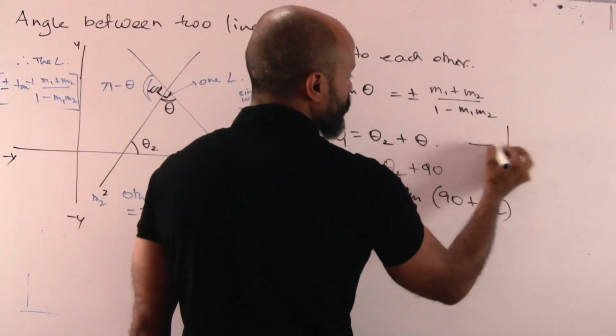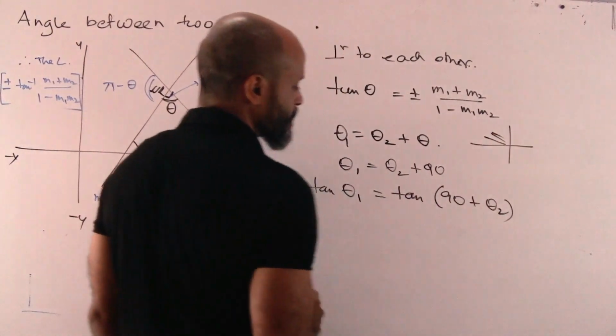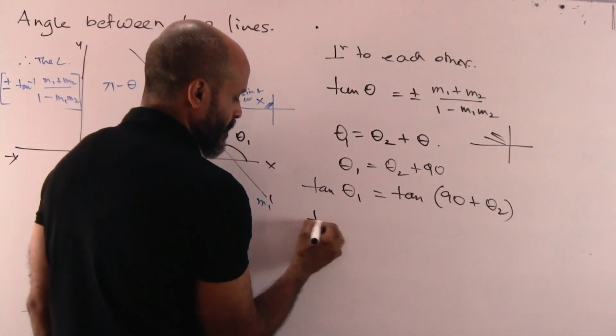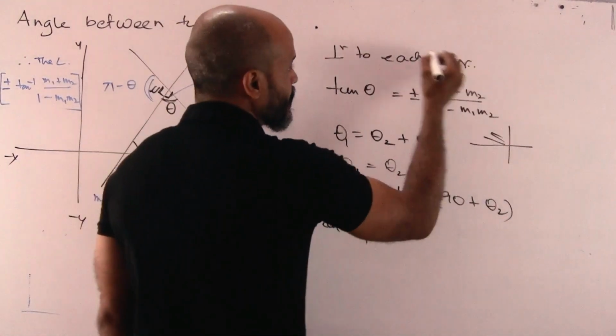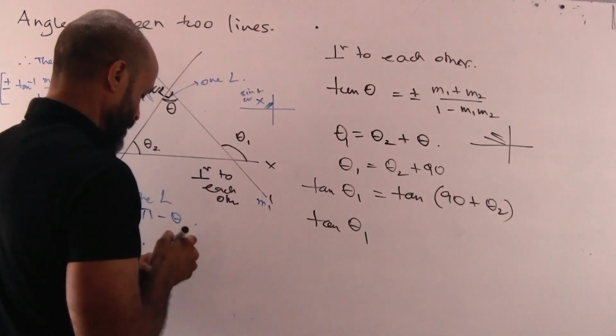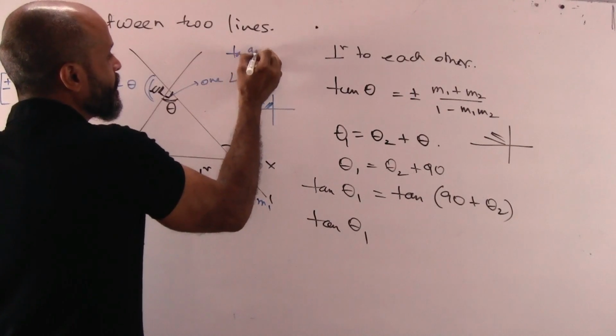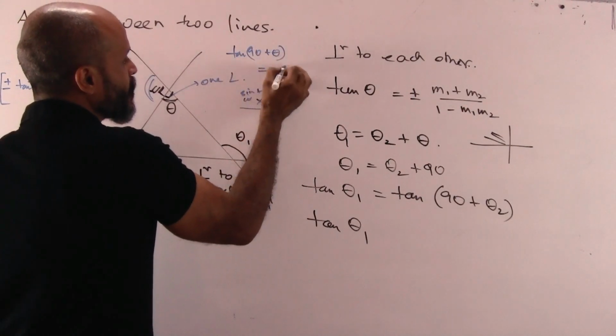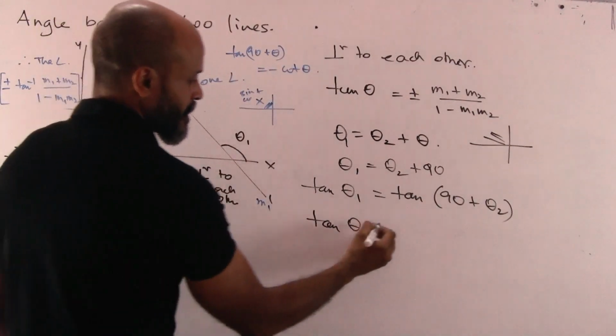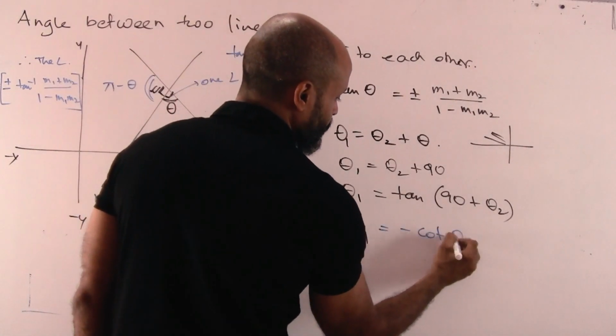Now, 90 plus theta 2 comes in the quadrant wherein sine is positive. Tan 90 plus theta we all know is equal to minus cot theta. So, here we have minus cot theta 2.